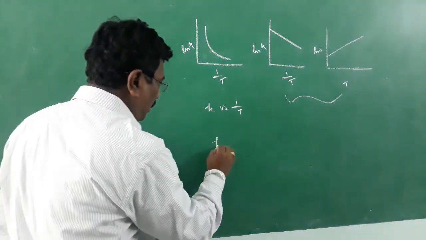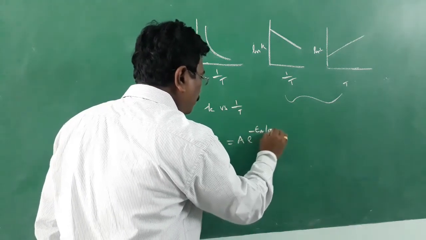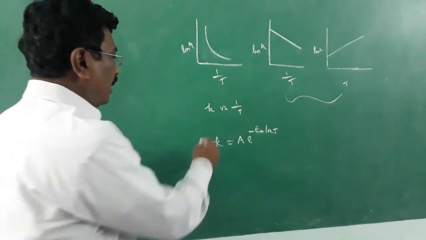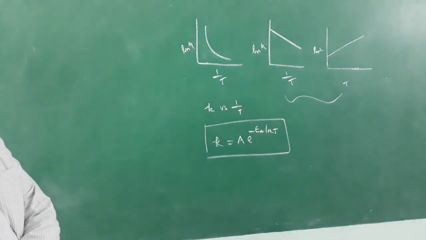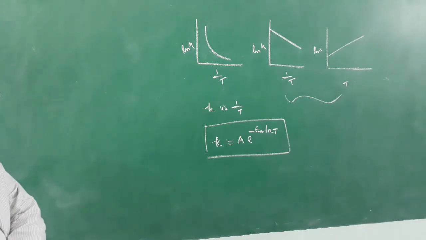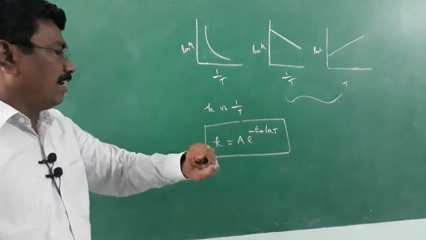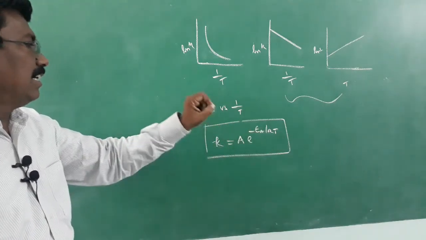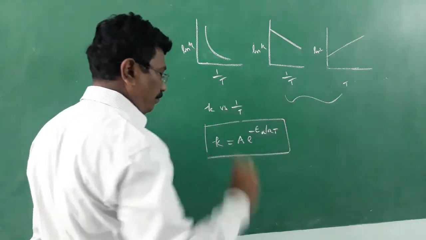K is equal to A into e power minus Ea by RT. That is the Arrhenius equation. They have mentioned Arrhenius behavior. The dependence of temperature on reaction rate or rate constant is well explained by Arrhenius theory, and the equation showing Arrhenius theory is K is equal to A into e power minus Ea by RT, where Ea is activation energy.